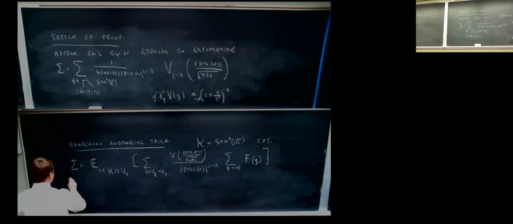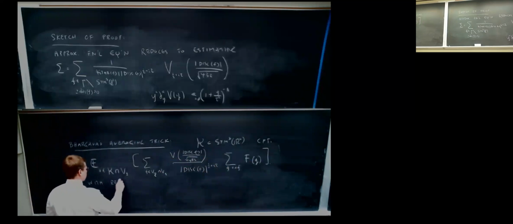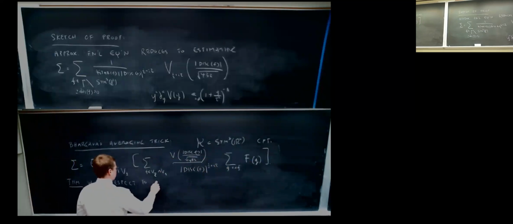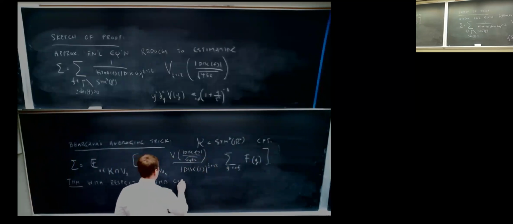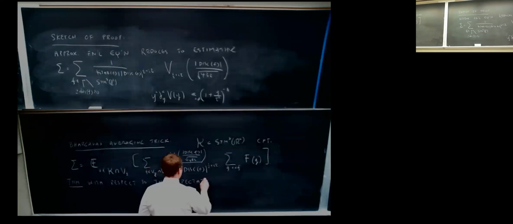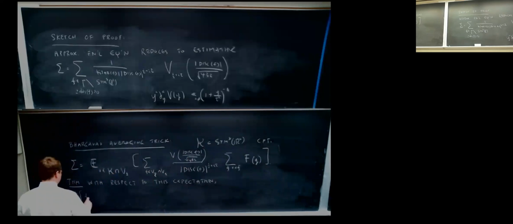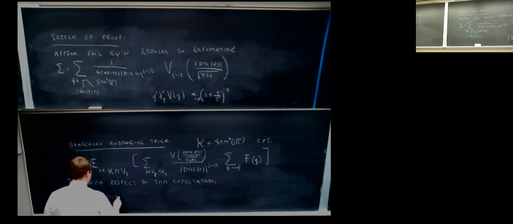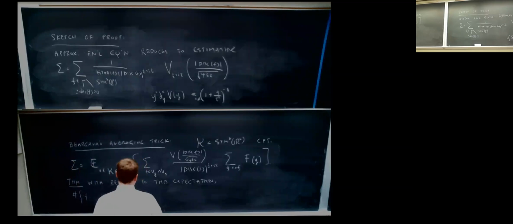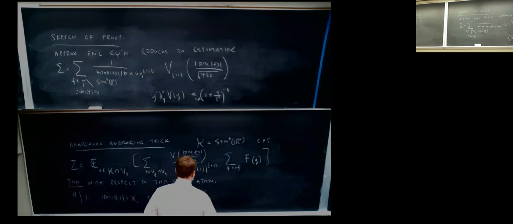The theorem: with respect to this expectation, the number of forms such that the discriminant is less than or equal to X, and in the Iwasawa decomposition t is less than or equal to some bound.